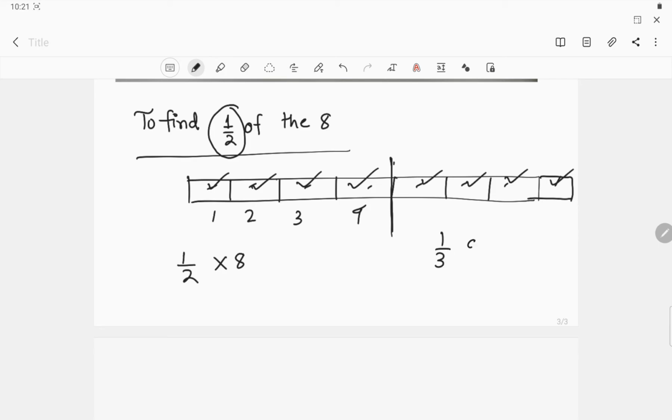1/3 of 12 means 1/3 multiplied by 12. So it will be 4. Or you can say 12 divided by 3. Here 8 divided by 2. You can check, 12 divided by 3 is 4.